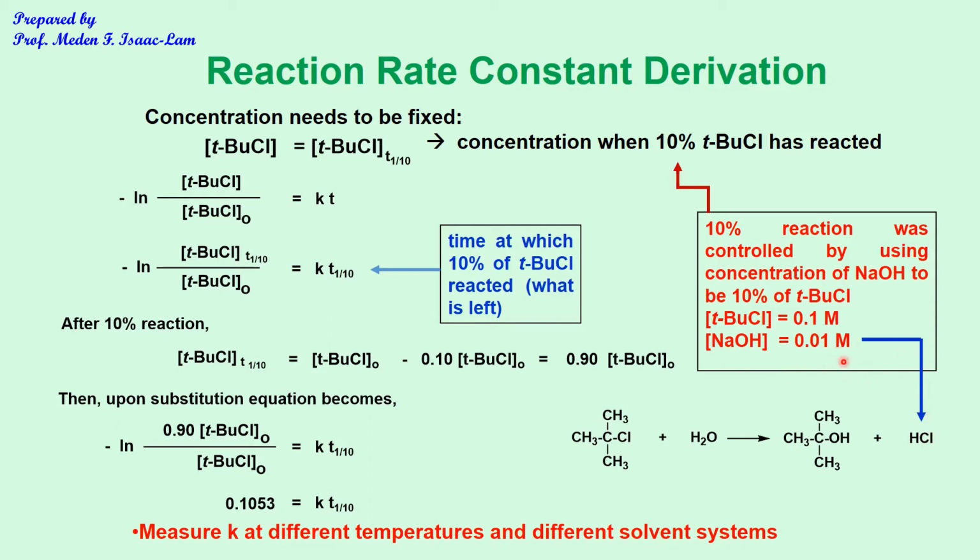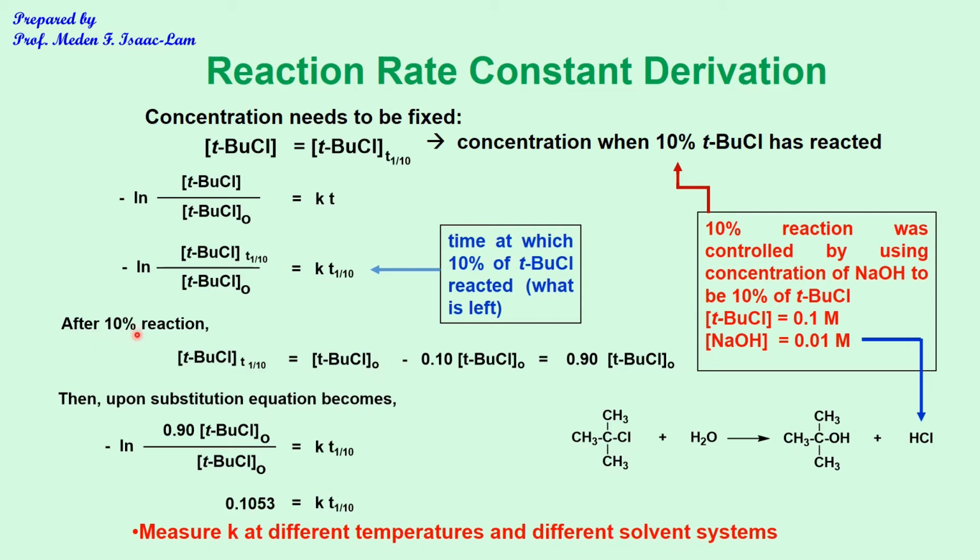So after neutralization, the reaction is still happening. It will still continue because you still have 90% of the tert-butyl chloride that is left. So the initial concentration of the tert-butyl chloride is 0.1 molar. That is the same as this value in here.